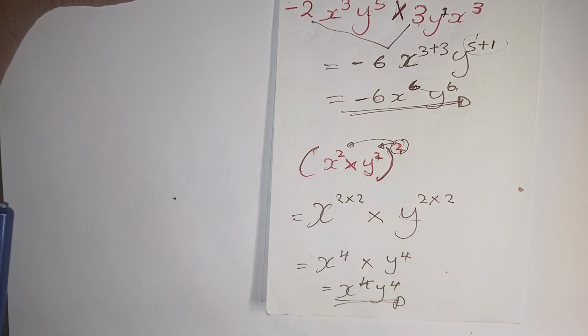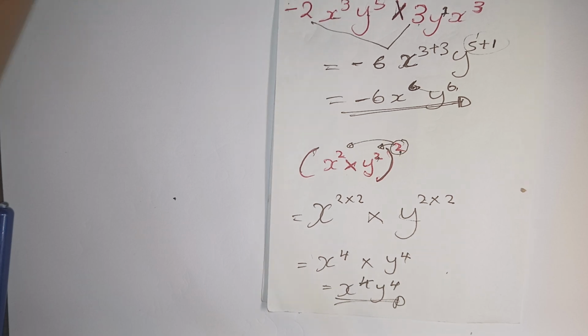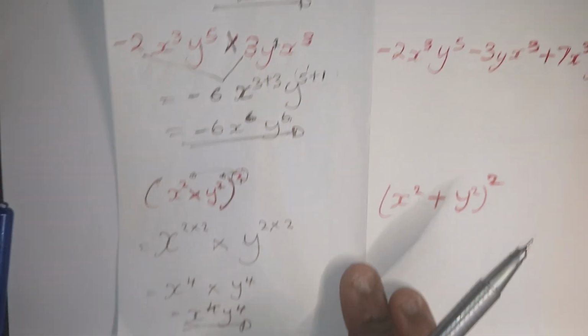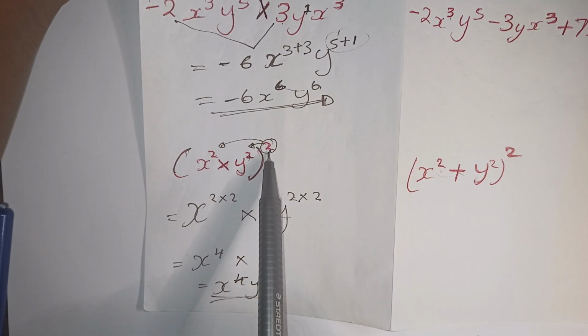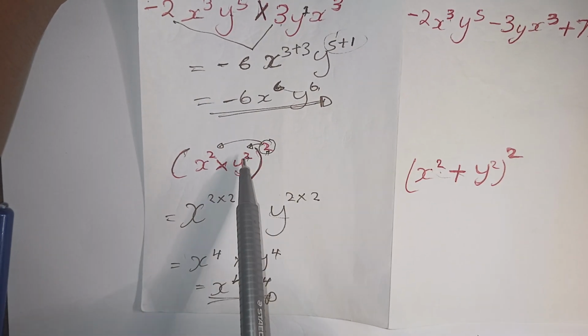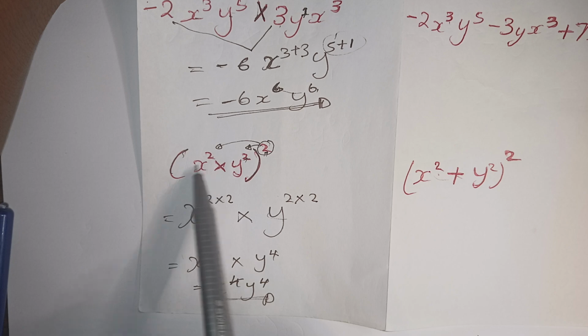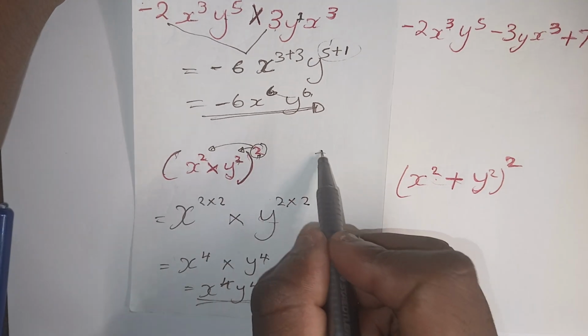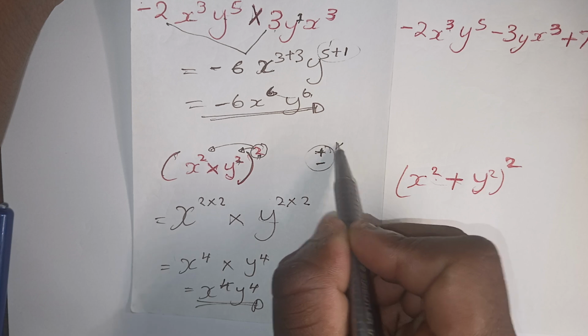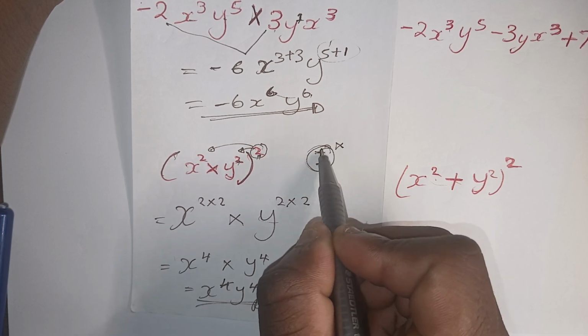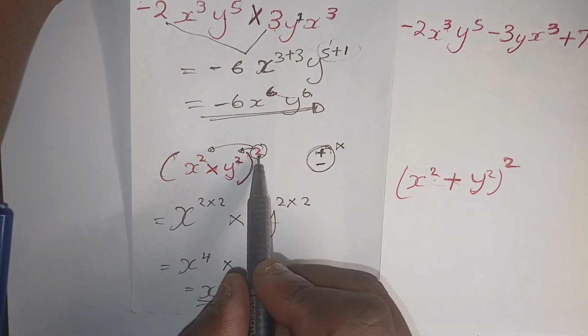Do you understand? Because you'll come across something like this. I said that the exponent outside the bracket multiplies each exponent inside the bracket if there is no plus or minus. If there is plus or minus, you don't apply that law.